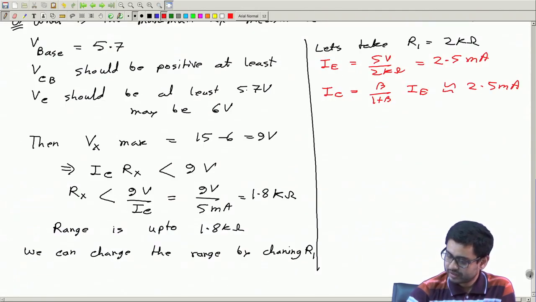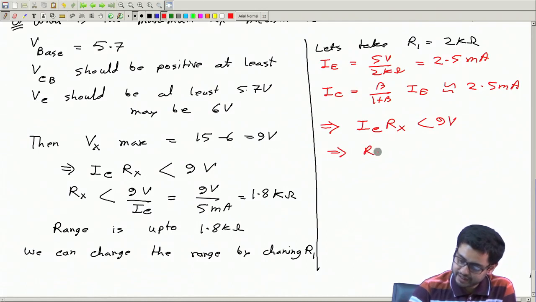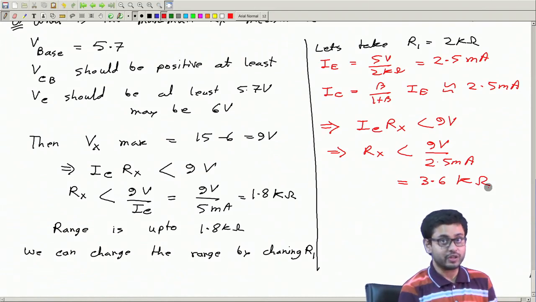Then I have the relationship IC Rx less than 9 volt, which means Rx is now less than 9 volt by 2.5 milliampere, and this is equal to 3.6 kilo ohm. Check my calculation, please.